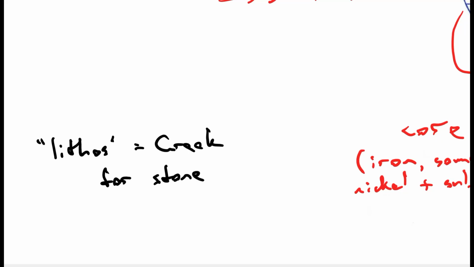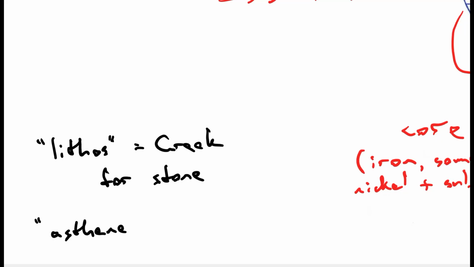So it's what we normally think of as hard, solid, right? Here's another bit of Greek for you, asthenes, because we're going to meet asthenes in a sec.